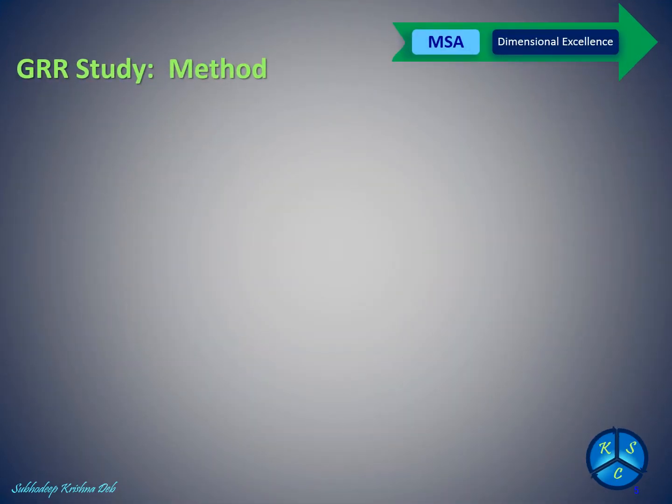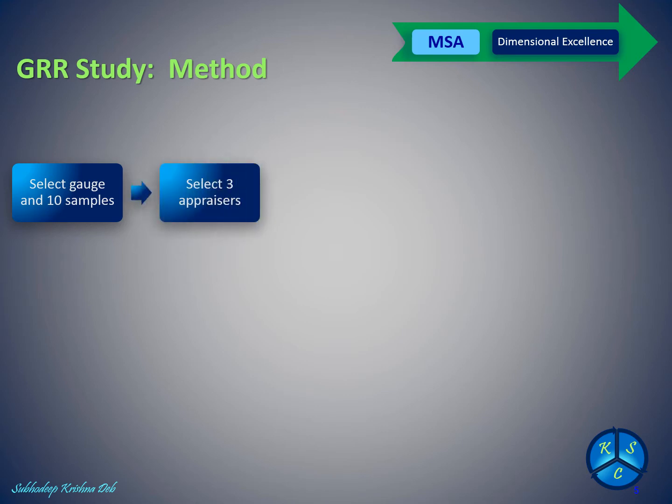Now for doing the GRR study, first of all, as we know, we have to select a gauge for which the study is to be performed. The gauge should be calibrated and 10 samples have to be selected. After that, we need to select 3 appraisers. The appraisers should be the actual users of the instrument who are doing the measurement daily.